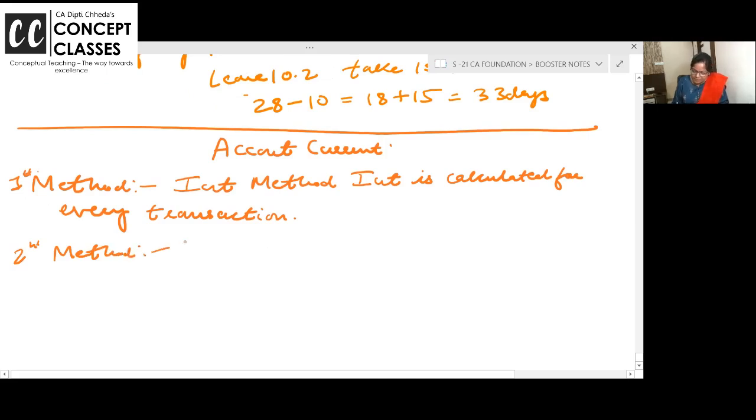Second method. Product method. Number of days multiplied by amount for every transaction.